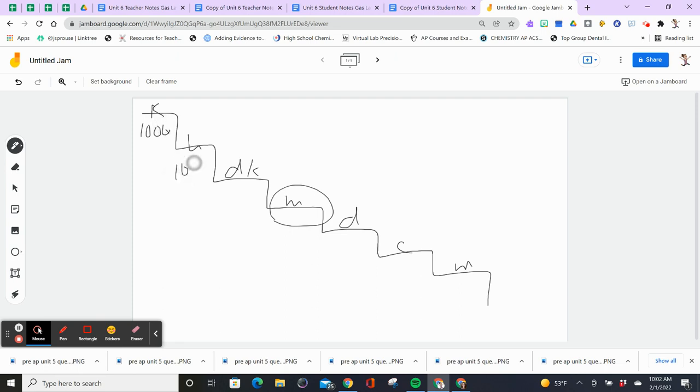Hecto would be 100 times bigger. Deca would be 10 times bigger. And then as we continue to go down, deci would be 10 times smaller, centi would be 100 times smaller, and milli would be 1,000 times smaller. Okay, so you want to make sure you have those prefixes memorized so that you know how to convert from one to the other.